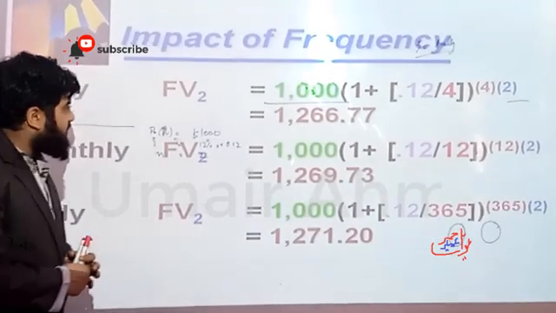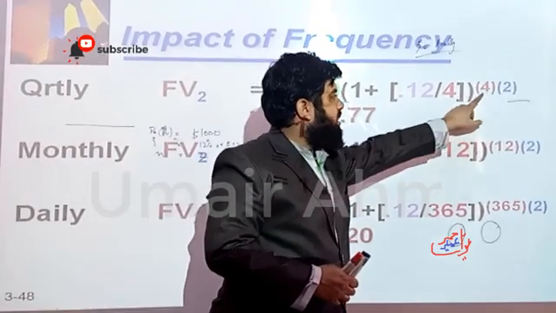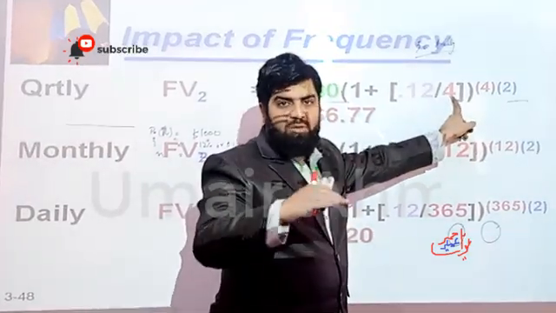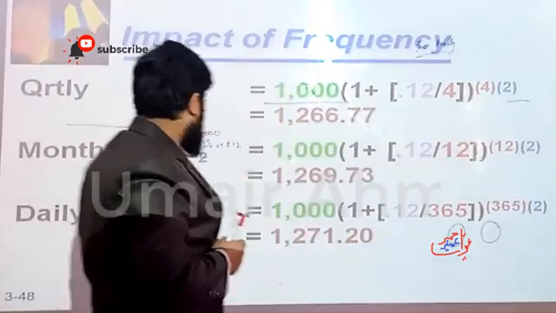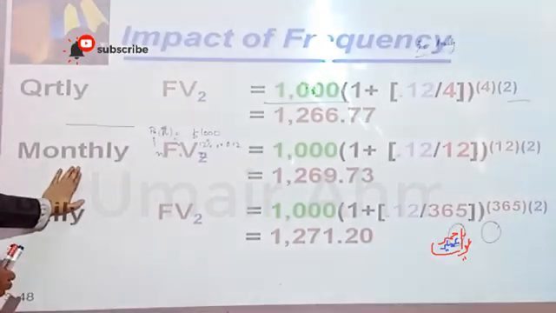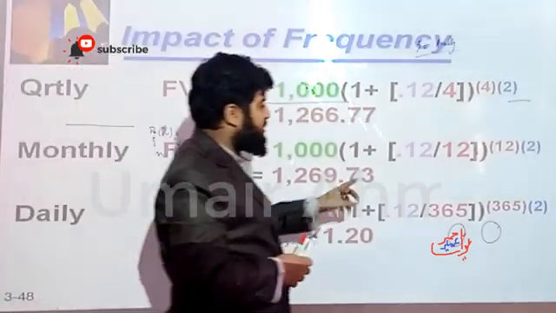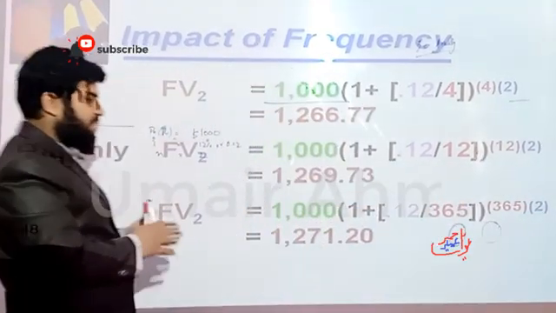The same procedure applies for quarterly. For quarters we have 4, so first we divide the interest rate by 4, and then multiply the power by 4. And if we are finding the monthly future value, we divide by 12 and multiply the power by 12.